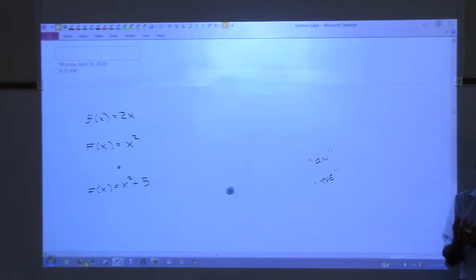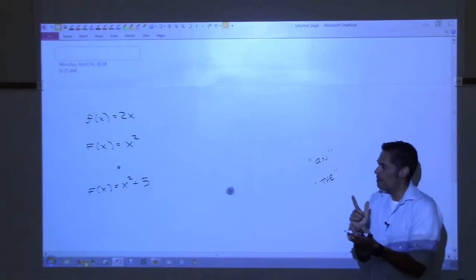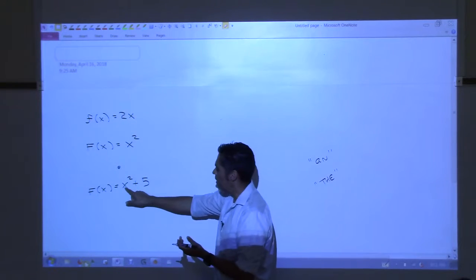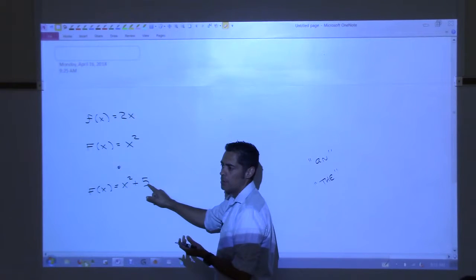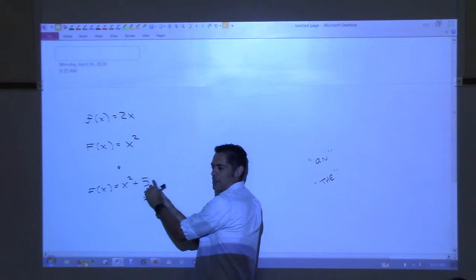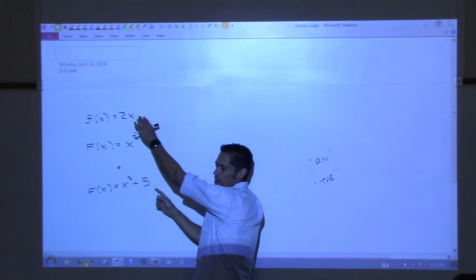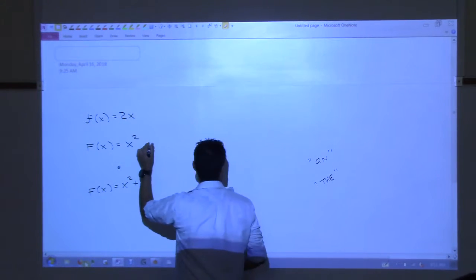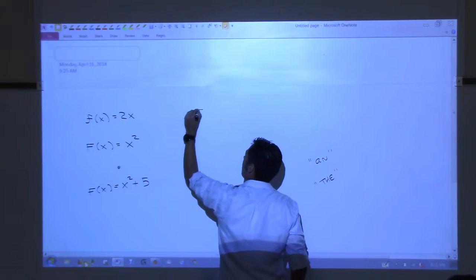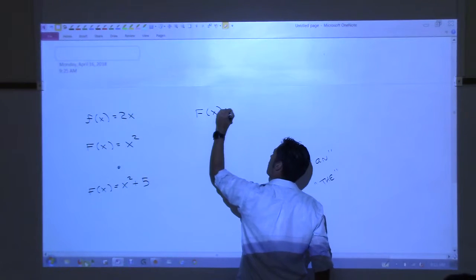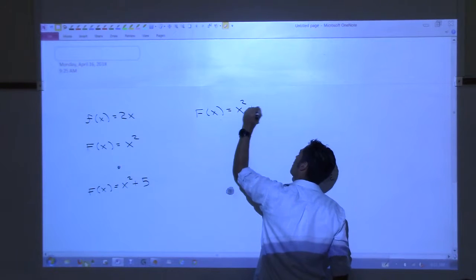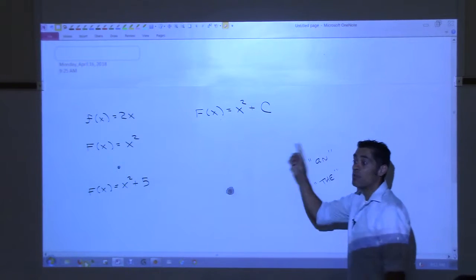So there's an infinite number of antiderivatives, but they all have to look the same way. They all have to look like x squared plus some number. You can't have x cubed out here, because then the derivative wouldn't be this. So we say capital F of x equals x squared plus c is the general antiderivative.